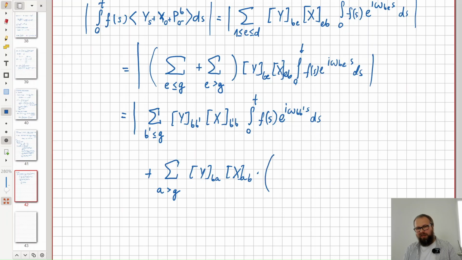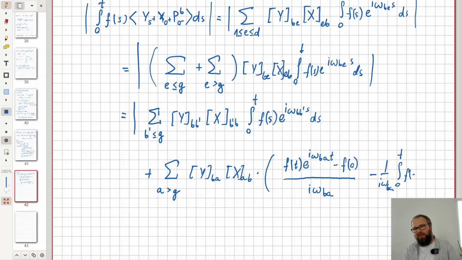This would give me f at the end point t, e^{iω_BA t}, minus f of 0, divided by iω_BA, minus 1 over iω_BA, and the integral reforms itself.